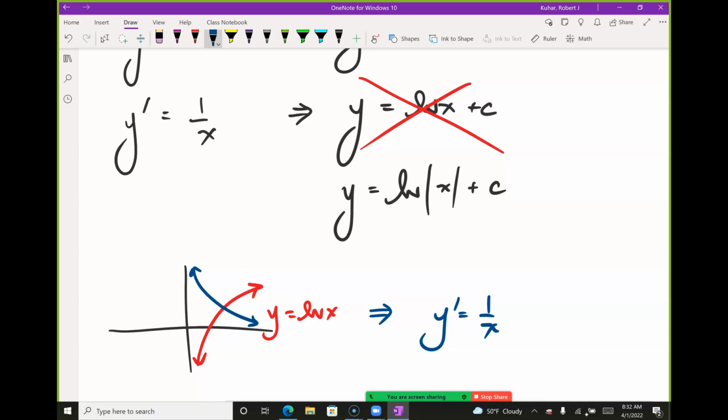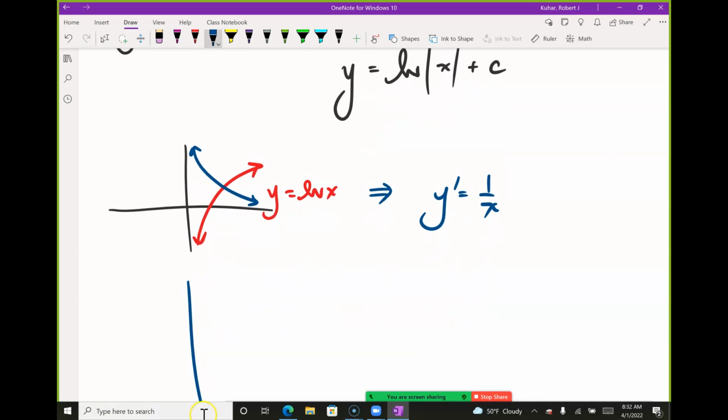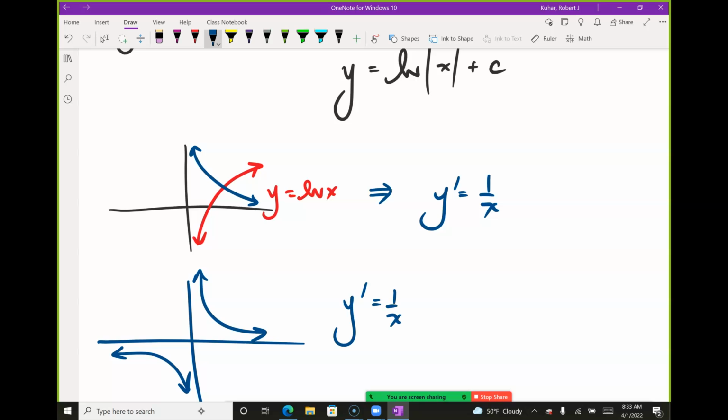But if I start with 1 over x, this is what I'm saying is my derivative. Now you see I have to include the positives and the negatives, because they're in my domain. And you'll understand a little bit later what we're doing with these antiderivatives.